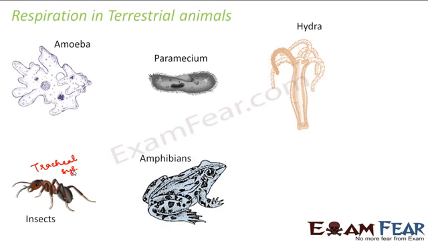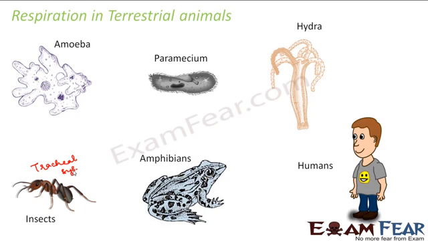Their skin acts as a medium for diffusion of gases. In case of human beings, we have lungs. So here we have lungs. In amphibians, we have lungs as well as skin. Now in all these, we do not have any specialized organs. Their body surface acts as the respiratory surface.